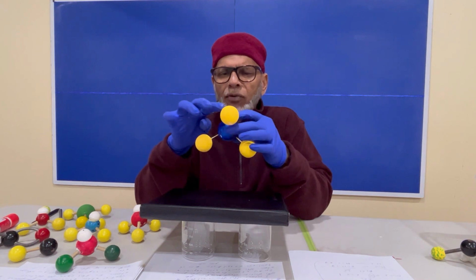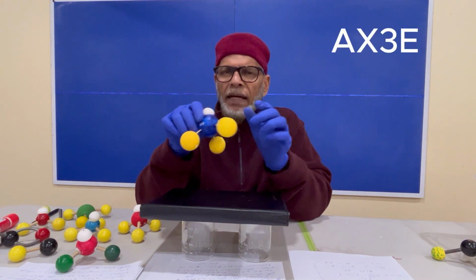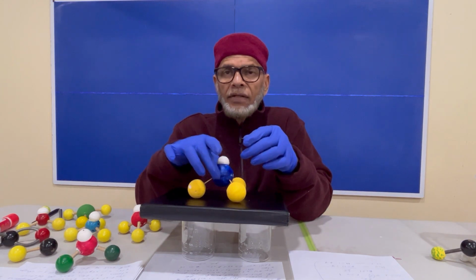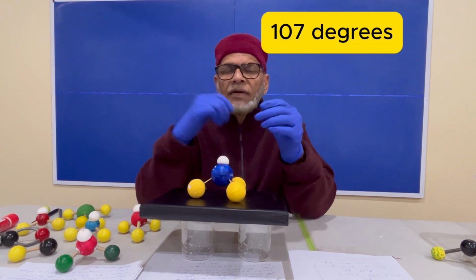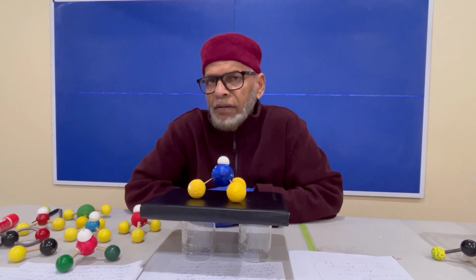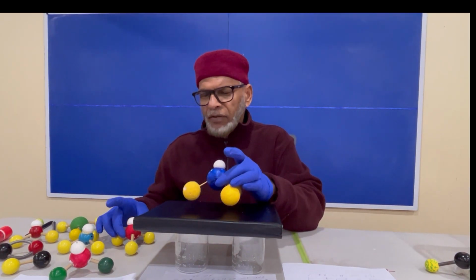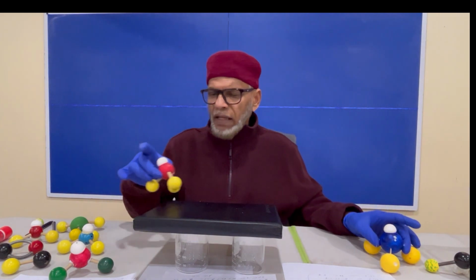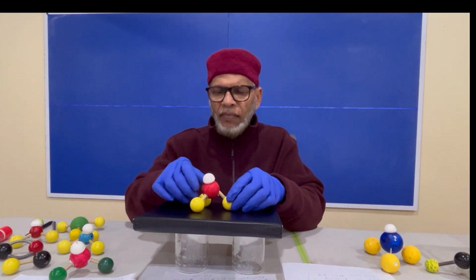Each of these bonds here is separated from each other by an angle of 107 degrees, and the molecules have a trigonal pyramidal geometry. So the first molecule that we'll be examining is this PH3 molecule.